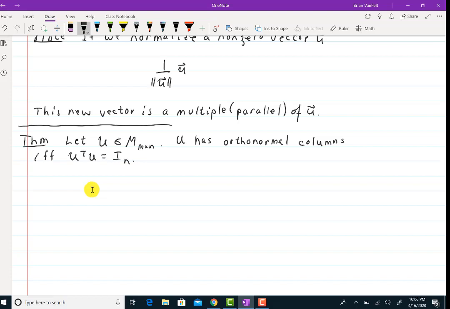I'll put an I sub n because U transpose will be an n by m matrix. So you'll have an n by m times an m by n. That'll be an n by n. So if you want to maybe put n times n, I don't really care what you put for that.